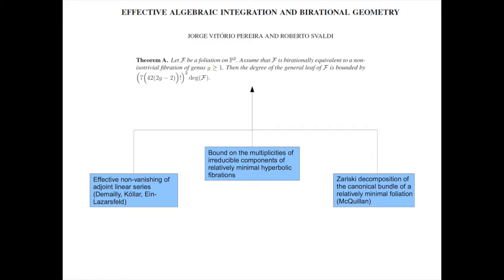And so what we did is that we realized that for a variety, when you do birational geometry, you are somehow forced to look at one line bundle, right? And its powers, the canonical bundle of the variety, the bundle of top dimensional forms. For the foliation, you have two natural bundles. You have the canonical bundle, which are one forms along the leaves, and you have the conormal bundle, which are one forms which vanish along the leaves.